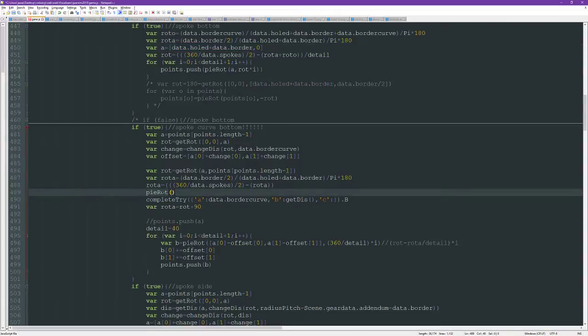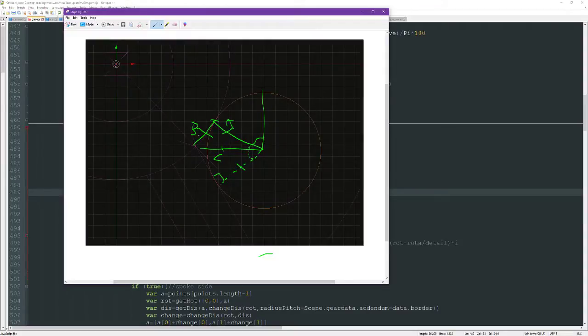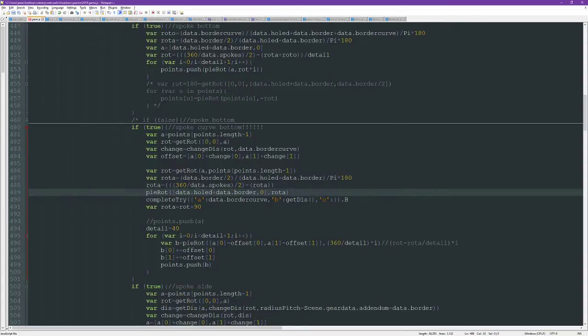Rotate this by rot A for one location. That'll give me that point. And then the other one is just the last thing here.